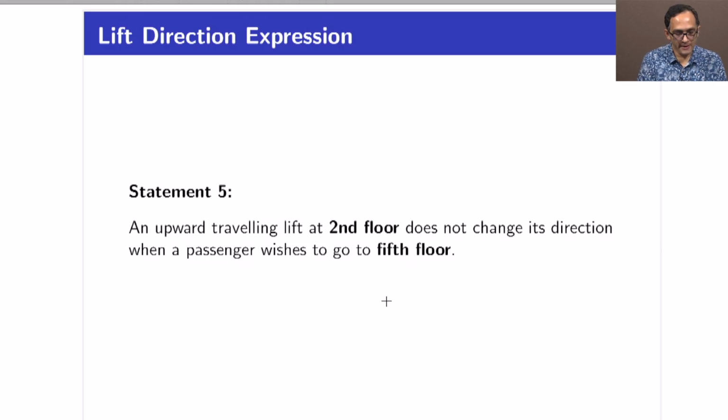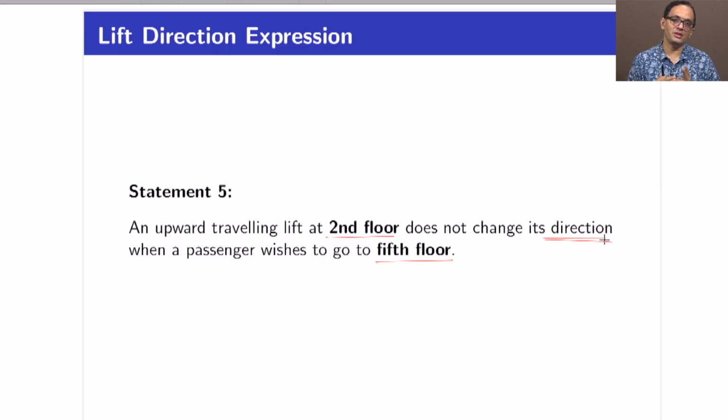Okay. Here I have to identify the propositions first. Every floor should have a proposition: first floor, second floor, third floor, fourth floor, fifth floor and so on. Then there is direction, which can be up or down.